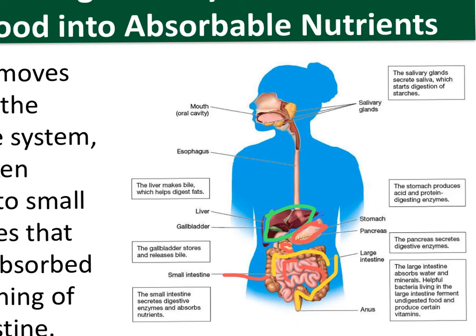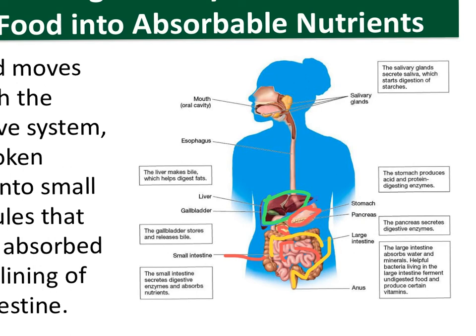The small intestine secretes digestive enzymes, and this is where most of the nutrients are absorbed. The large intestine absorbs water and minerals, and helpful bacteria that live in the intestine produce vitamins and break down certain undigested food. Okay? And then it's expelled out through the anus, all the waste products.